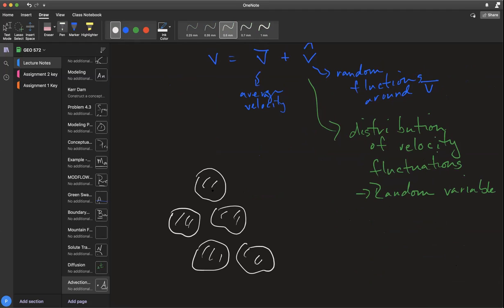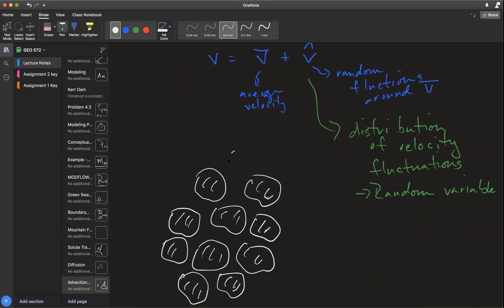And let's say that, by some miracle, I was able to inject some solute concentration right here. What we would see is that we would have some of that solute going around pores.